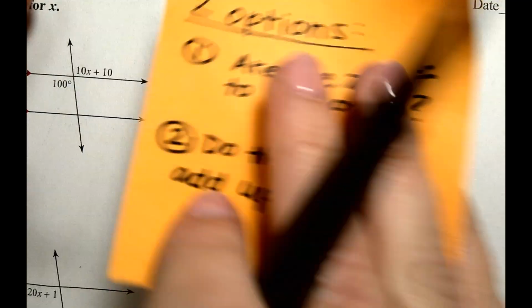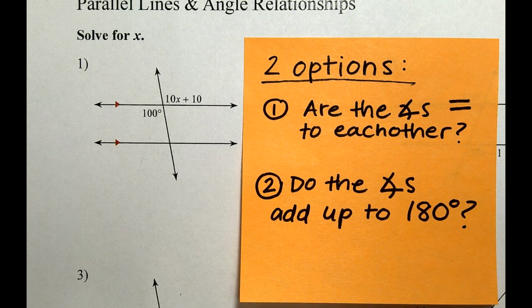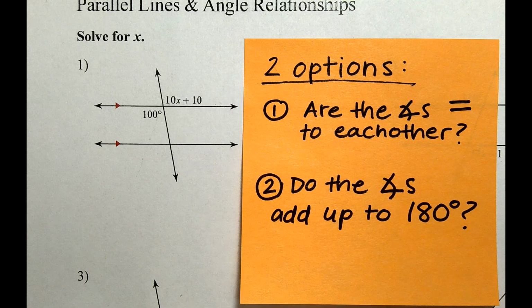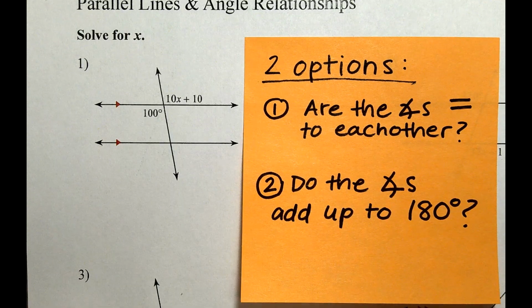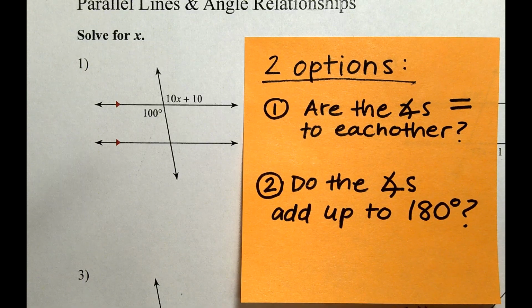So thinking about these two options, let's look at number 1. We don't even need to worry about the measures. We just need to look at where the angles are on the picture. What are we thinking for these two angles? Do they seem equal to each other, or do you think we will add them up to 180 degrees?